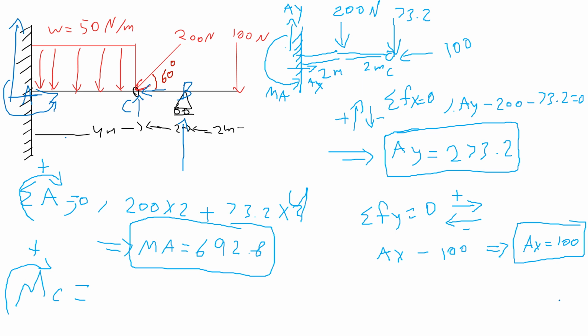The 200 is going to be minus 200 multiplied by 2 and plus the AY is going to be positive, and the AY we already calculated is 273.2 multiplied by 4.